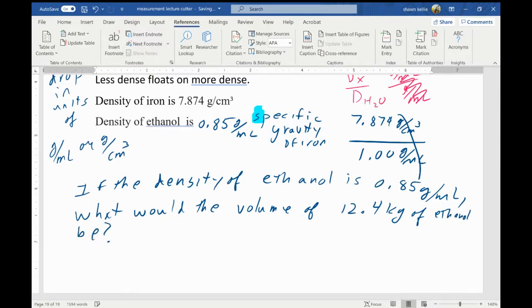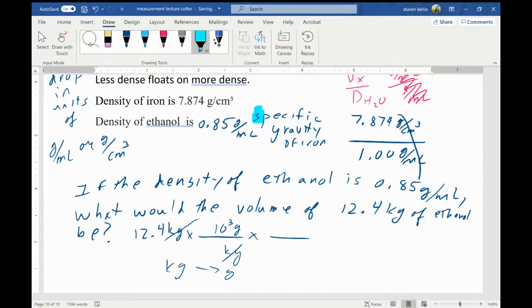If the density of ethanol is 0.85 grams per milliliter, what would the volume of 12.4 kilograms of ethanol be? 12.4 kilograms. We don't want kilograms. We place kilograms where they cancel out. 1,000 grams per kilogram. I have grams. I don't want them. Chemistry cat is one of our friends that constantly occurs whenever we're looking at density.